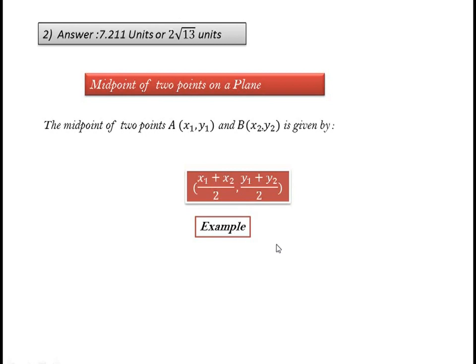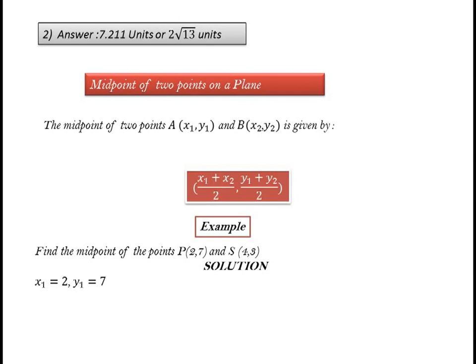Okay, let's have this example. Find the midpoint of the points D (2, 7) and S (4, 3). What's our x1? Our x1 is 2, y1 is 7, x2 is 4, y2 is 3.